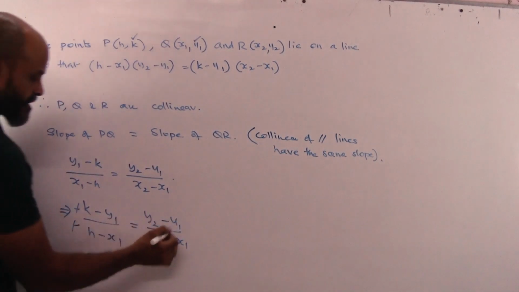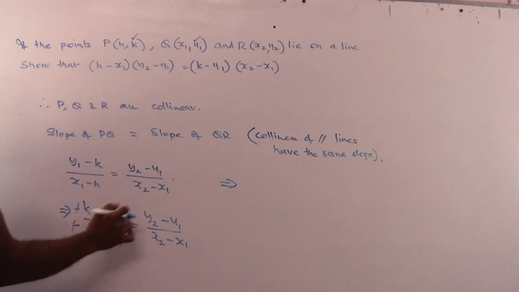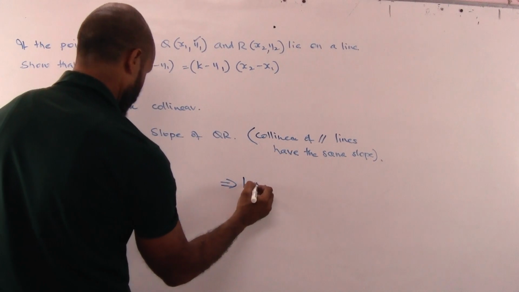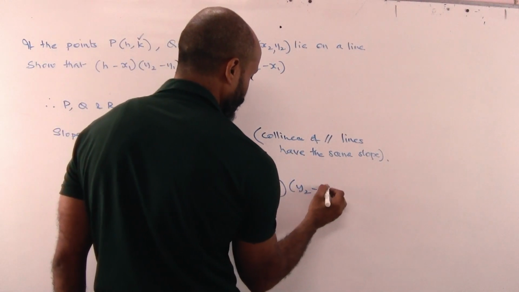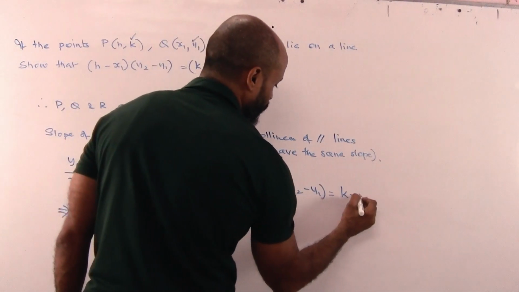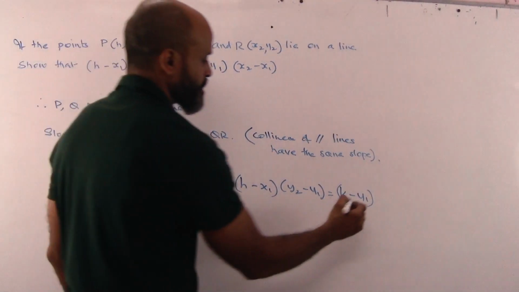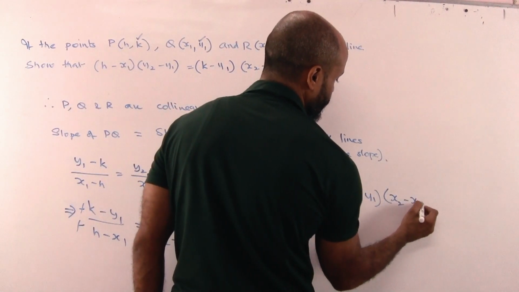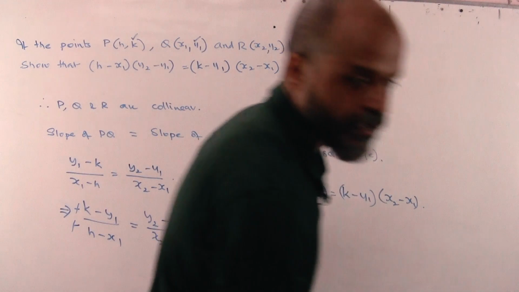So this gets cancelled and hence we will have h minus x1 into y2 minus y1 is equal to k minus y1 into x2 minus x1, and that is basically the proof. Okay. So this is how we can prove that the points are collinear.